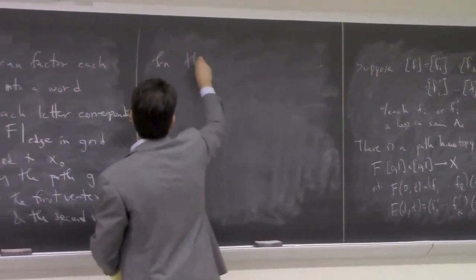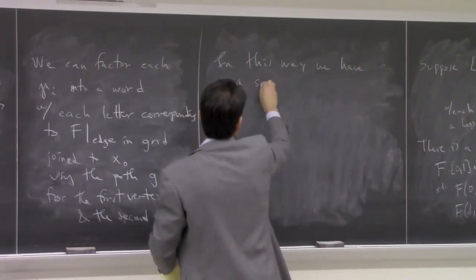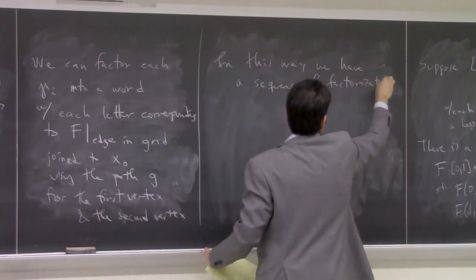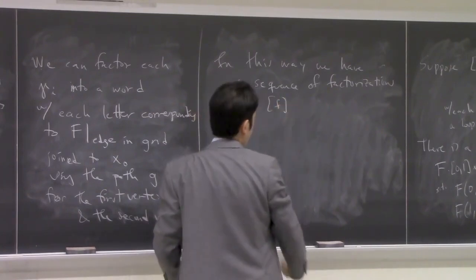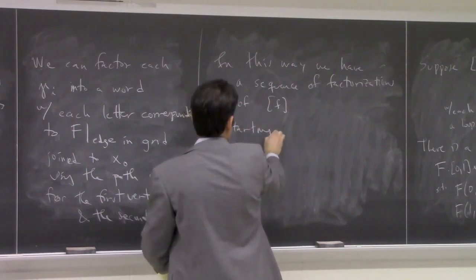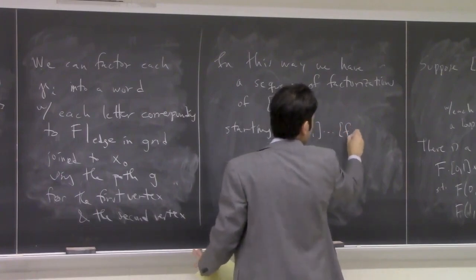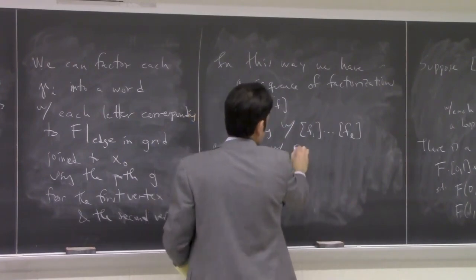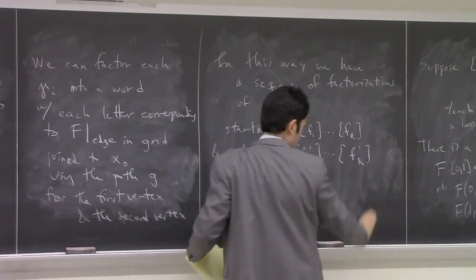So in this way, we have a sequence of factorizations of f, starting with the first one and ending with the last one.